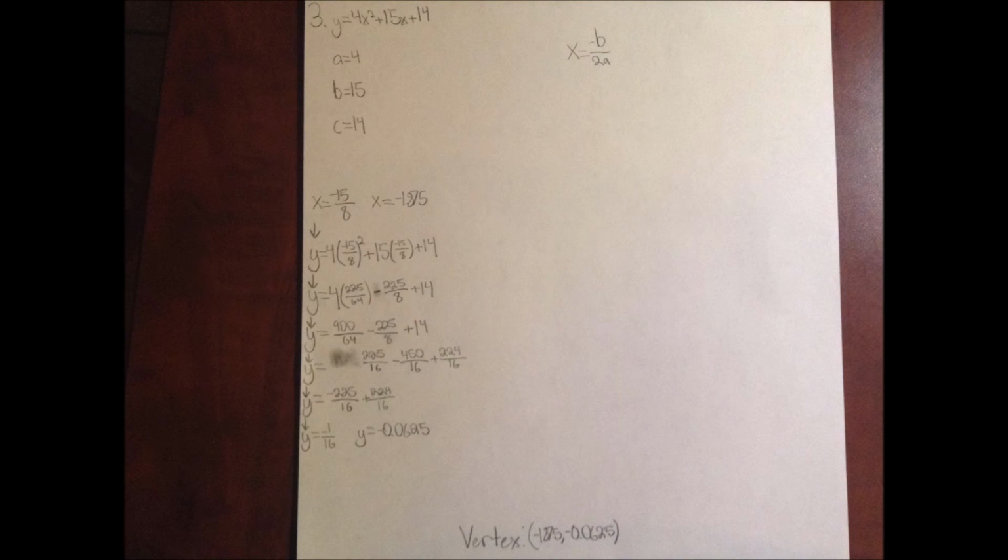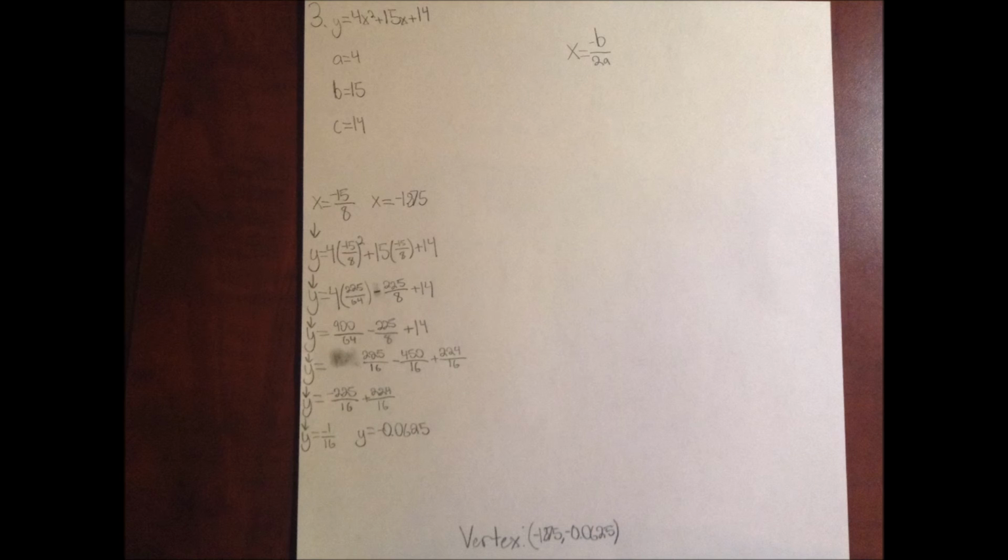And then we just have to multiply 14 by 16, since that's our common denominator, and then divide it by 16 at the end. So this whole equation now turns into y equals 225 over 16 minus 450 over 16 plus 224 over 16.